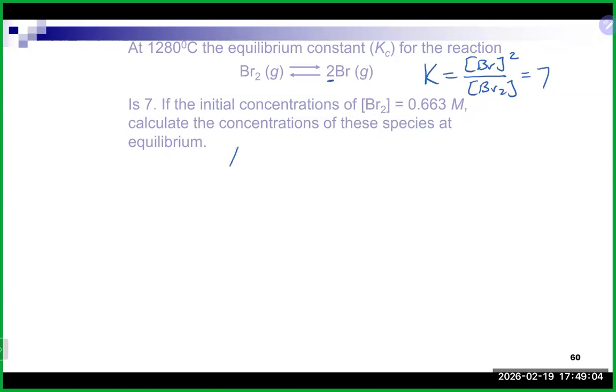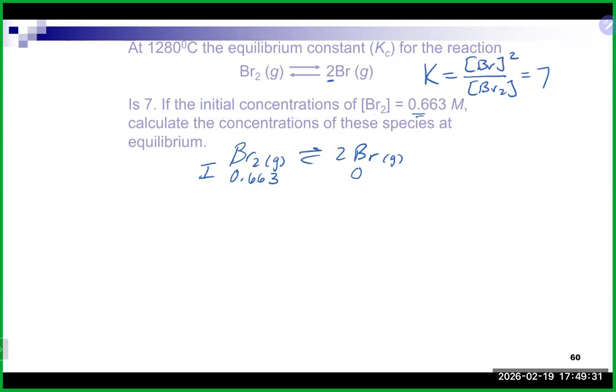So we'll start with our equation. And initially, we are only given information about Br2, which is 0.663. Once again, in this case, since we are not given any information about our products, it is definitely safe to assume that we're starting with 0 here on our product side.